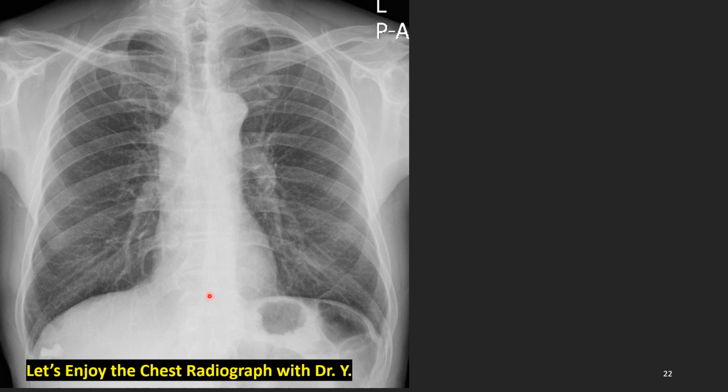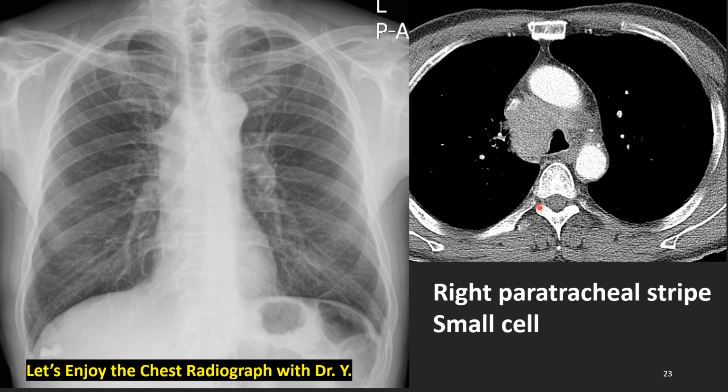Yes, the right paratracheal stripe is obliterated with a bulging mass. The trachea is compressed to the left side. This is a relatively large mass here. Right paratracheal stripe obliteration usually means a serious condition.